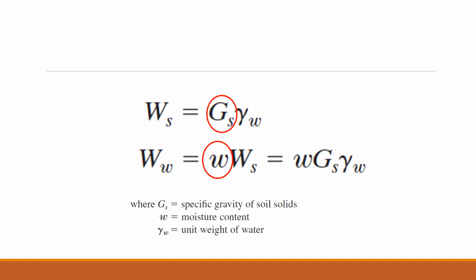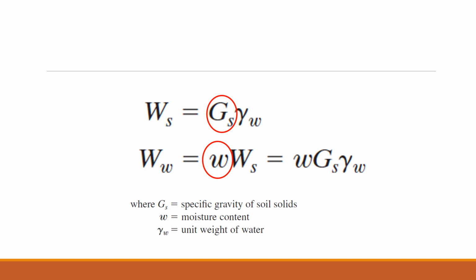Another also, we know that moisture content, or small letter w, is equal to the weight of water over weight of solids. So simplifying that formula, getting the equation for our weight of water from that equation for moisture content, that will give us the equation for our weight of water, which is equal to the moisture content times the weight of solids.